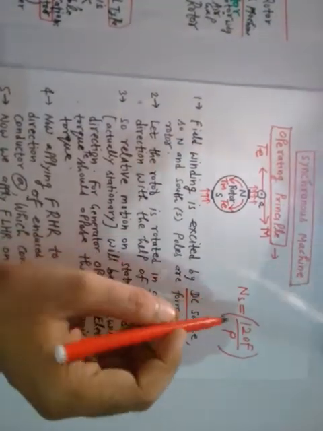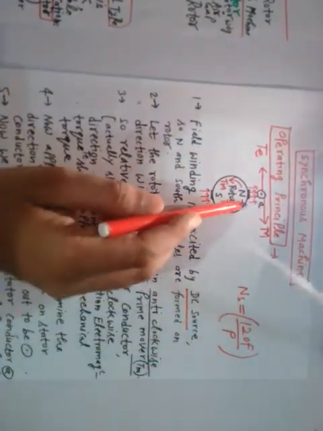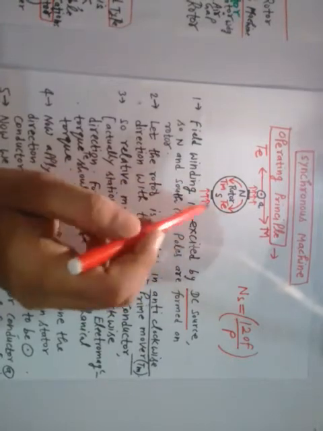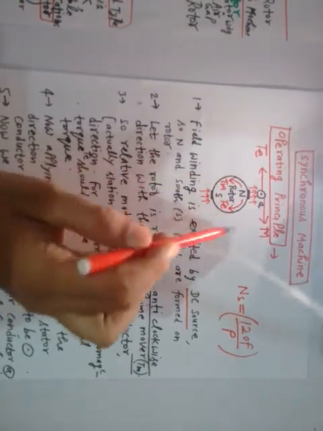I have already explained this. So the synchronous speed is that speed at which your rotating magnetic field is rotating in the air gap. See here, I have already explained this.